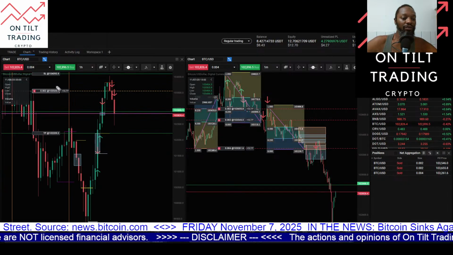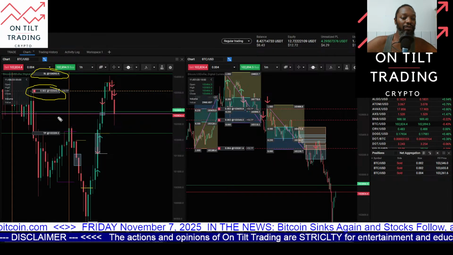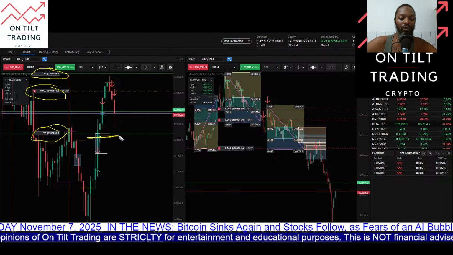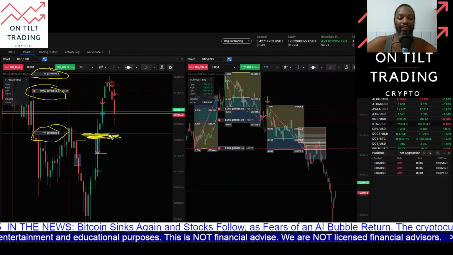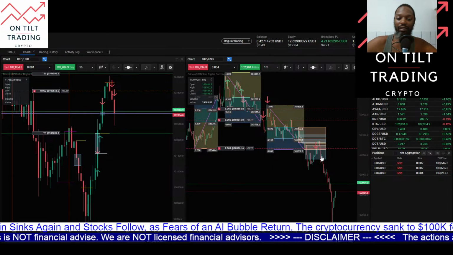You can see my entry here, 103.546, stop loss 104.93.9, take profit 102.209, which is the low of the New York PM session. And again, looking to sweep out the sell side liquidity here with the price delivery algorithm.